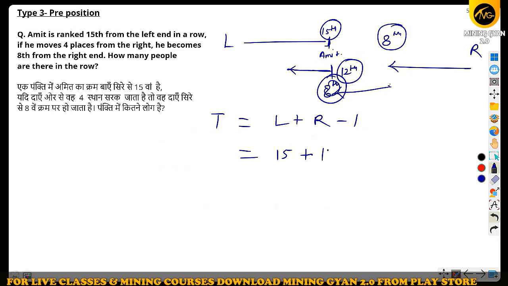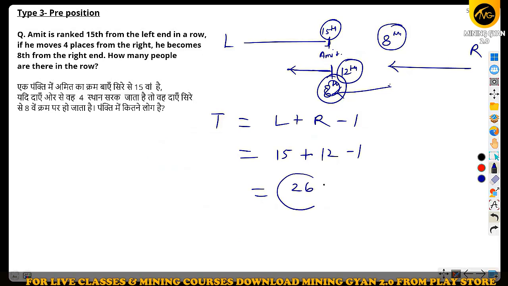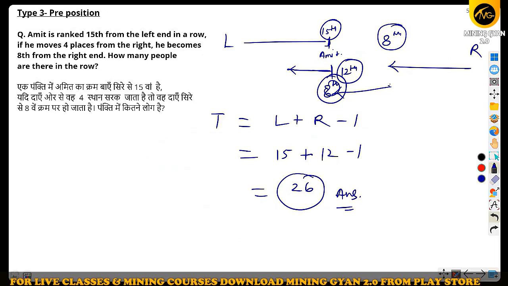Okay, so it will be 15 plus 12 minus 1. So 15 and 12, it will be 26. Okay, 26 is the correct answer. So how many people are there in row? So basically 26 people are there in the row.